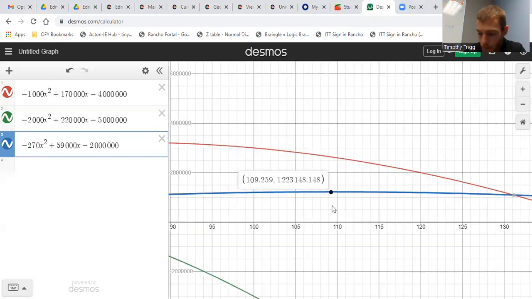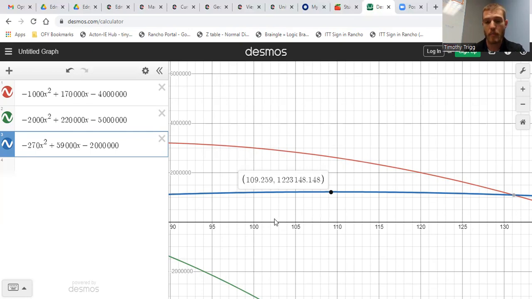Zooming in. The max profit is 109.26, comma, 1223148.15. All right, so the max profit for material 3 is 1,223,000 and change.